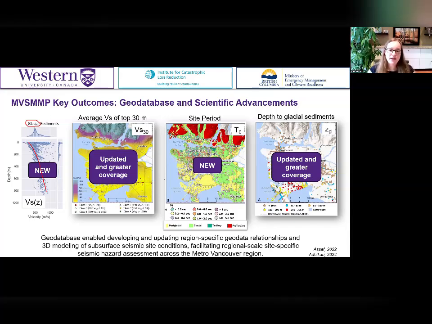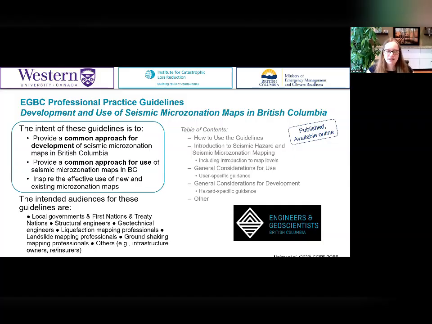And rock can be quite deep in the Fraser River Delta, almost a kilometer. Invasive testing would often find glacial sediments are a good foundation and stop. And so we didn't know the trend of the velocity in glacial sediments without the advancements that happened in our project.